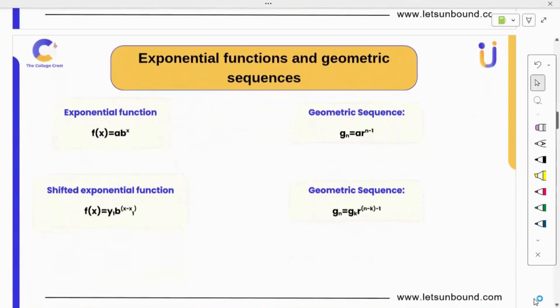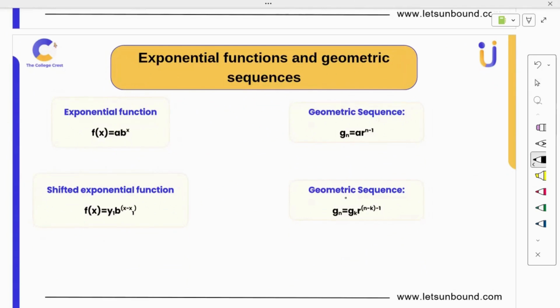Now, exponential functions and geometric sequences are also much interrelated. An exponential function looks like this: a times b to the power x, where x is only in the exponent. And a geometric sequence can be written like this: a is the initial term, r to the power n minus 1. A shifted exponential function is, actually this is x minus x1: y1 times b to the power x minus x1.